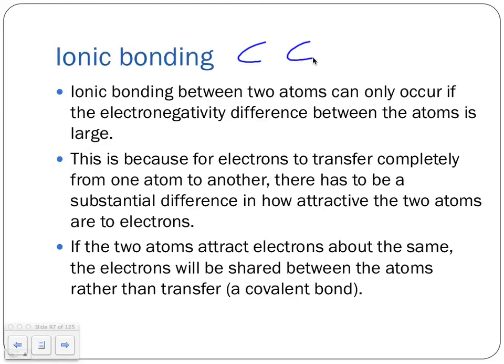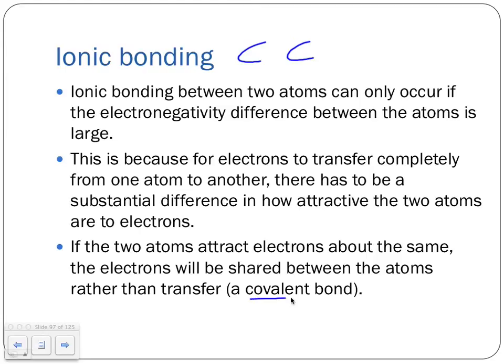And this is because for electrons to transfer completely from one atom to another, there has to be a substantial difference in how attractive the 2 atoms are to electrons. One has to be very unattractive to electrons, low electronegativity, typically a low ionization energy, and one has to have a high electronegativity. And if the 2 atoms attract electrons about the same, not a big difference in electronegativities, the electrons will typically be shared between the atoms rather than transferred.